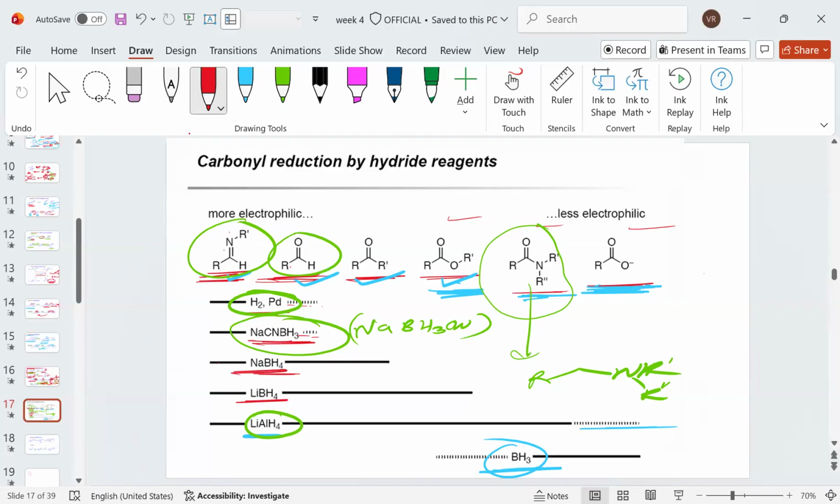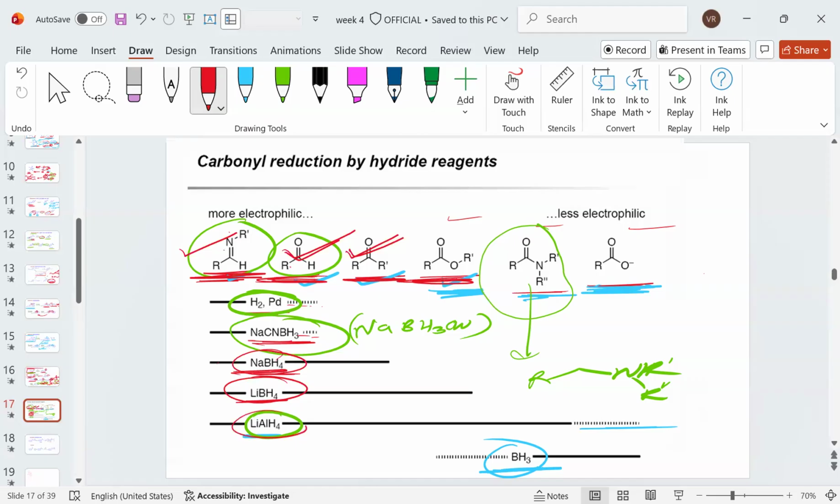If you have NaBH4, it reduces imine to amine, aldehyde to alcohol, and ketone to alcohol also. Obviously, this will be a primary alcohol and this will be a secondary alcohol, so you need to use some common sense as well. Another is LiBH4, which reduces imine, aldehyde, ketone, and also esters.